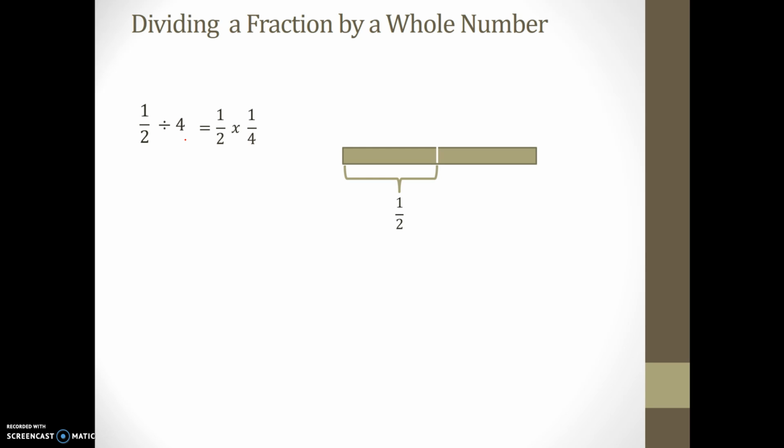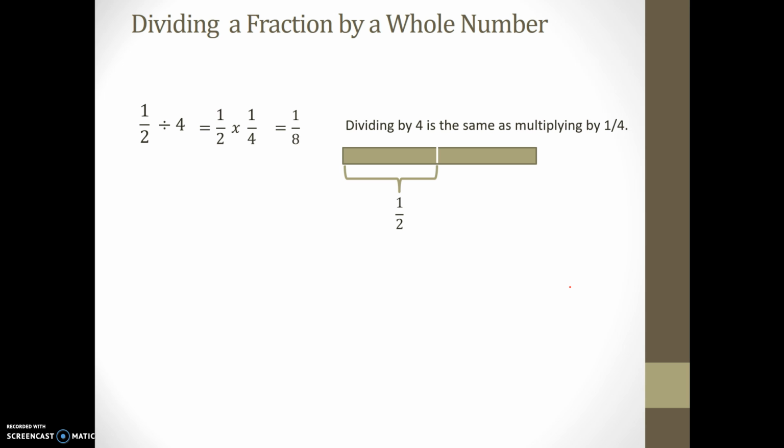So remember my division question over here, we could phrase that to say, how many 4 wholes are in 1/2? Well, obviously not even 1, right? Because 1/2 is less than even 1 whole, so there's only going to be like a fraction of 4 wholes in there. So let's go ahead and multiply that. 1/2 times 1/4 is going to equal 1/8, right? And then let's see why this works.